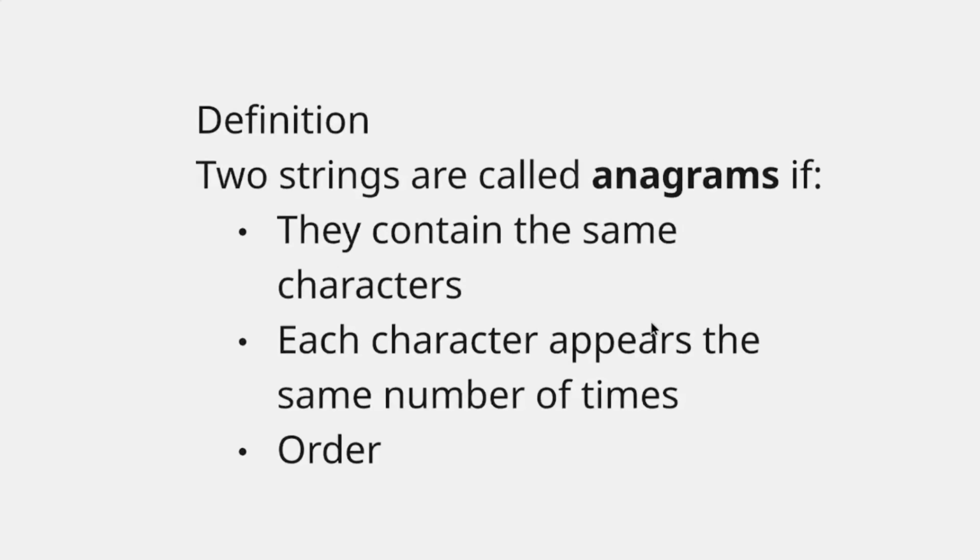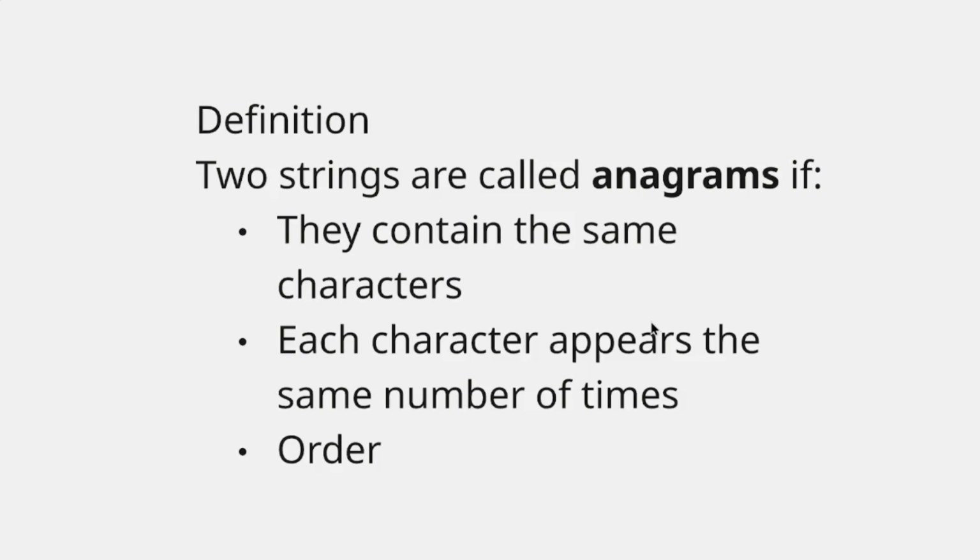So, here is the problem statement, or we can call it a definition. Two strings are called anagrams if they contain the same characters and each character appears the same number of times, in any order. Two strings will be given and we need to check whether they are anagrams or not.